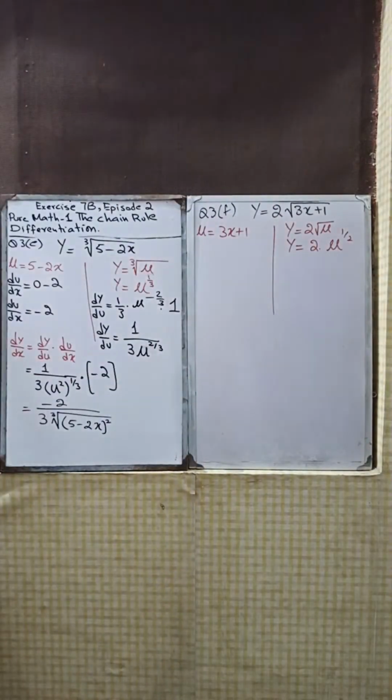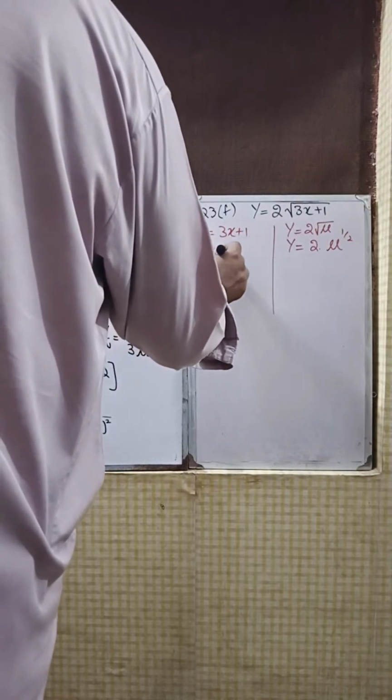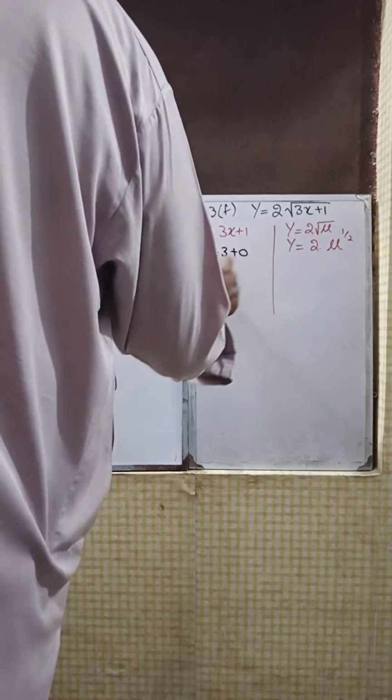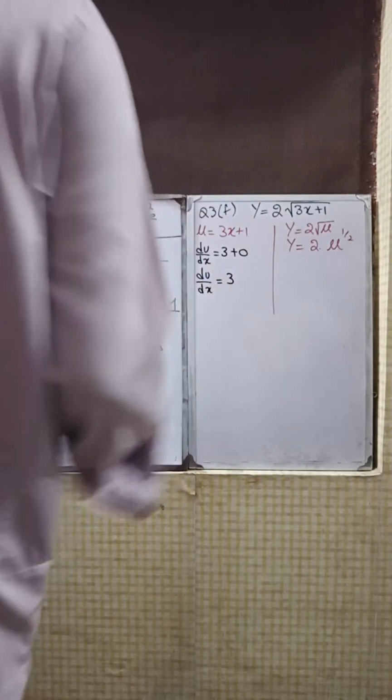Okay, so now we will differentiate them. u will be differentiated with respect to x, and y will be differentiated with respect to u. So du by dx is equal to 3 plus 0, so du by dx is equal to 3.